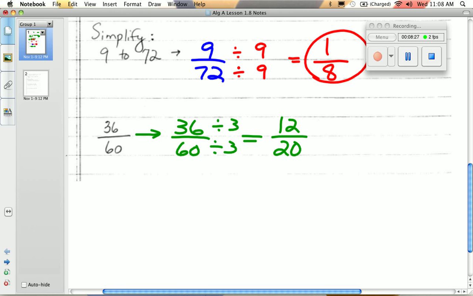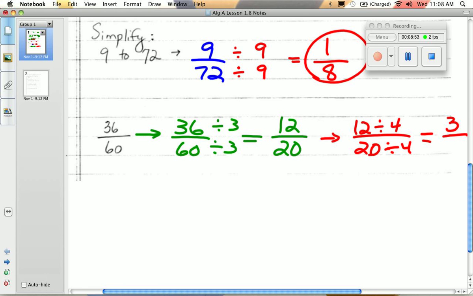How do I know for sure that I can still go further yet? They're both even numbers, so if it's an even number, it has to be divisible by 2. Okay. So what do you want me to divide by next? 4. Oh, you want to do 4. Okay. They're both multiples of 4. And so what is 12 divided by 4? 3.